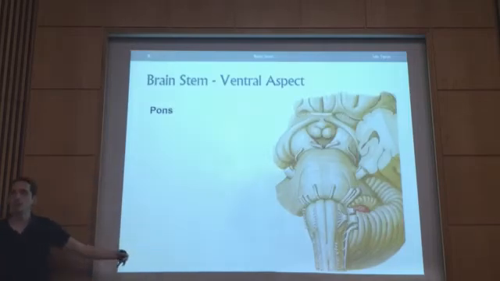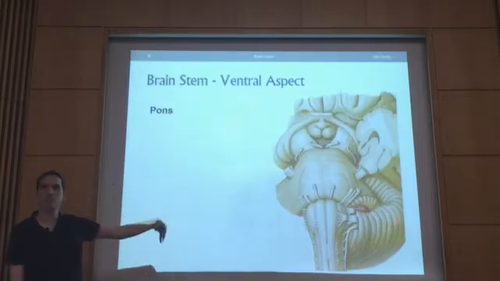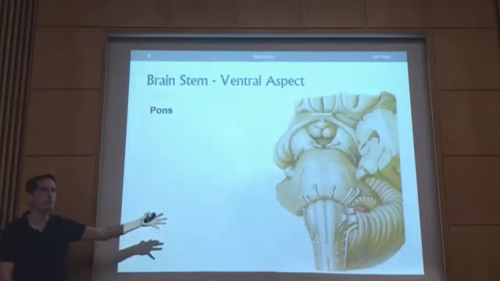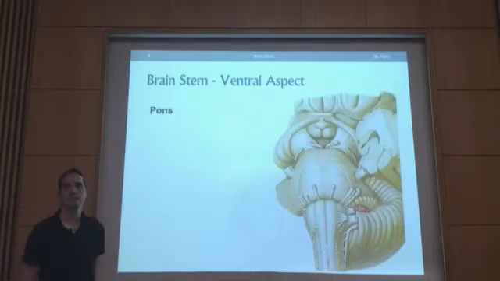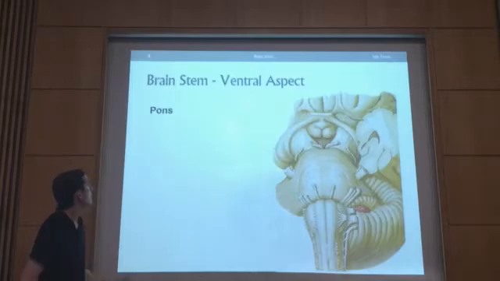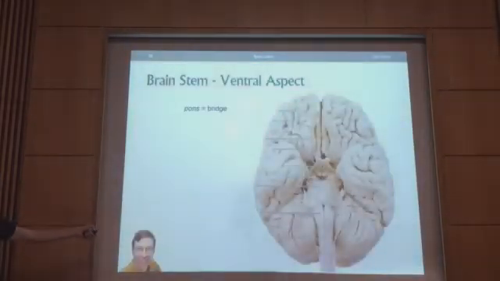It's not actually a bridge. But when we try to describe the gross anatomy of the brain, this description fits. So the name pons stuck, but it's not that there are fibers that go from here to here, just a cross section of fibers. So this is the origin of the name pons.